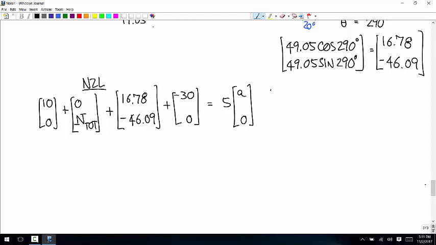Since this problem doesn't have any friction in it, the y component doesn't give us anything. Nothing in the problem asked us for any normal forces, so I'll just use the x equation. And it says 10 plus 16.78 minus 30 is equal to 5a. So negative 3.22, so a is negative 0.644.